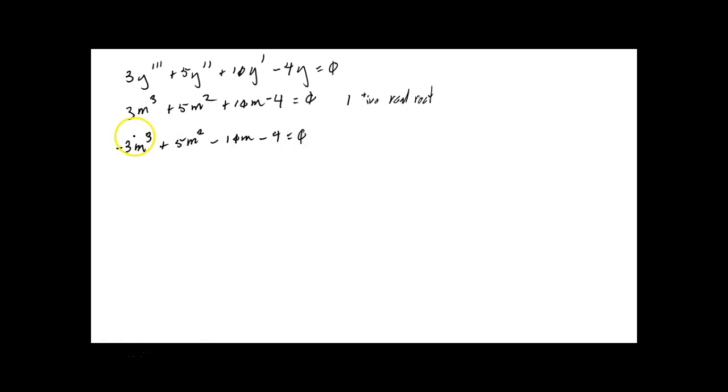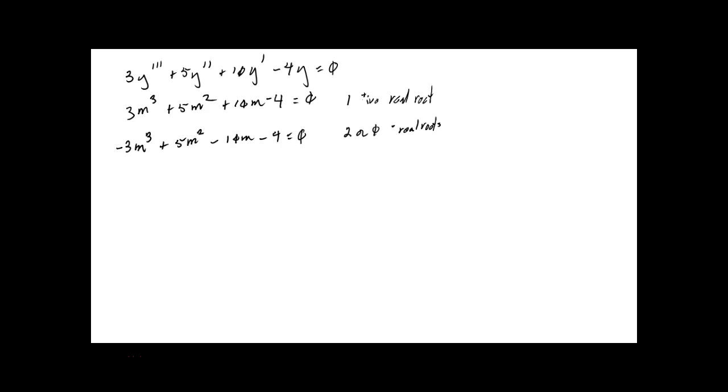Count your number of sign changes. 2 sign changes, so you either have 2 or, subtract 2, 0 negative real roots. Okay? So we know you got to have 1 positive, and you may have 2 or none negative real roots.